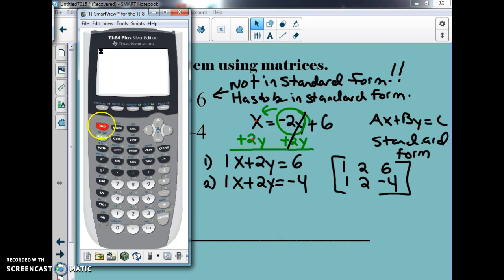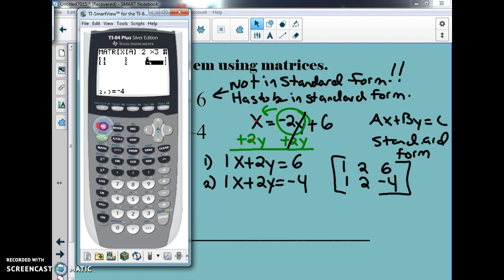So now I go to second x to the power of negative 1 to get into my matrix. I go over to edit. I hit enter and A. I hit enter because this is still a 2 by 3. 2 variables, 2 equations is going to be a 2 by 3. I enter in 1, hit enter, 2, hit enter, 6, hit enter. 1, hit enter, 2, hit enter, negative 4, hit enter.